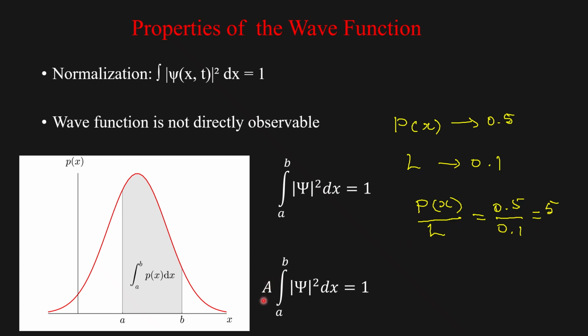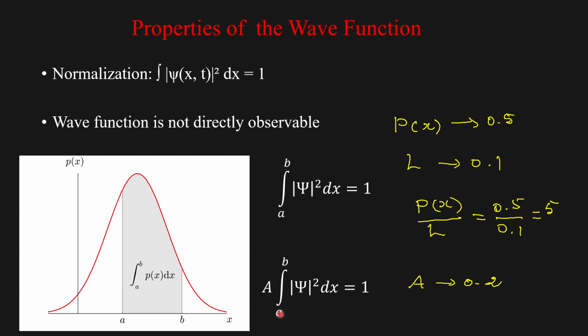So we are introducing a constant called the normalization constant A, which will take care that the total integral will be 1. In this case, what must be the value of A? The value of A is equal to 0.2. If you multiply 0.2 and 5, you will get 1.